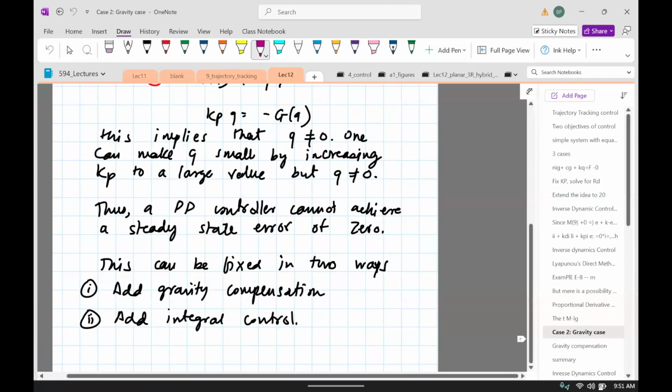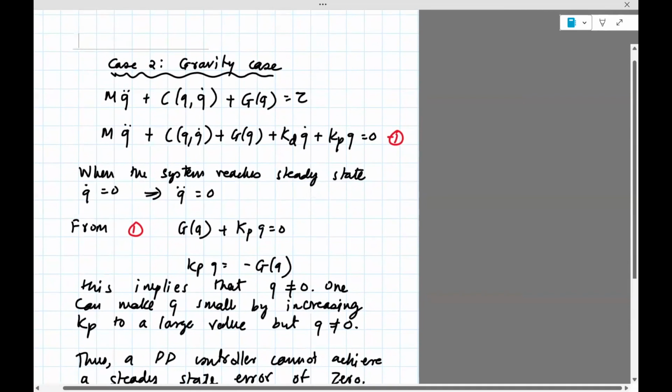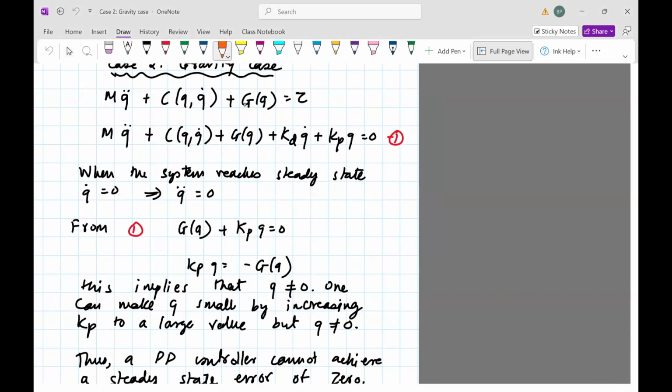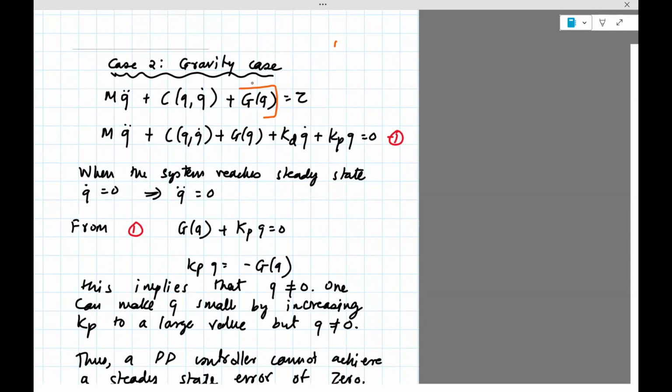Now, what happens if there's gravity? So now gravity is not equal to 0. We have actively put gravity in. If you put a PD controller, and I think this is kind of interesting, this is the equation of the manipulator. We put torque equals this value, the PD controller, and we move this here.